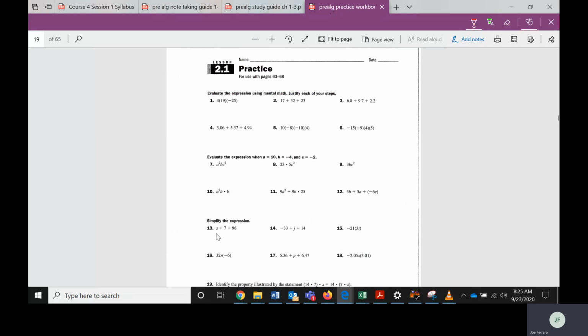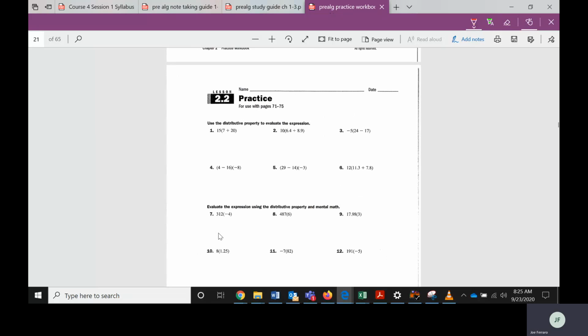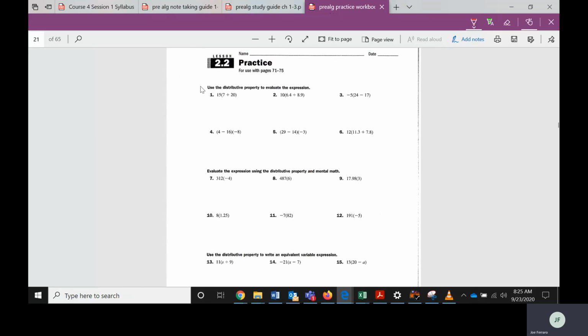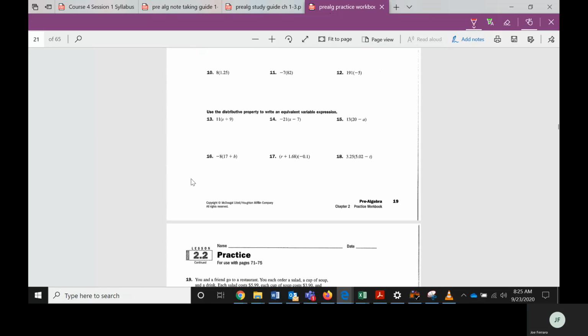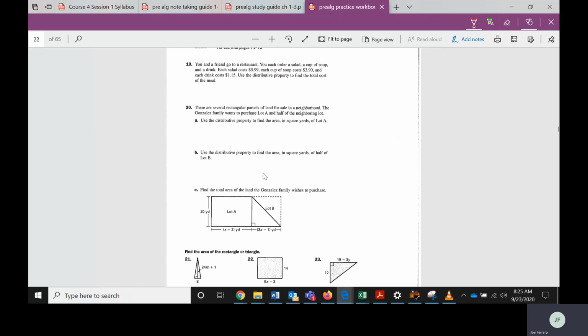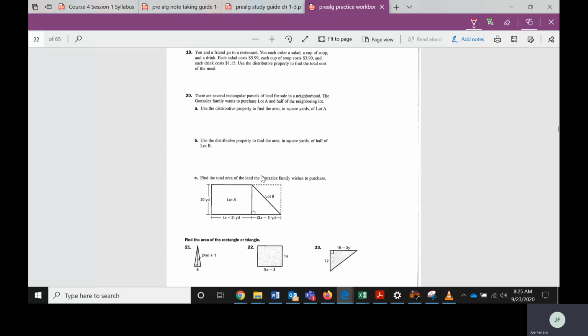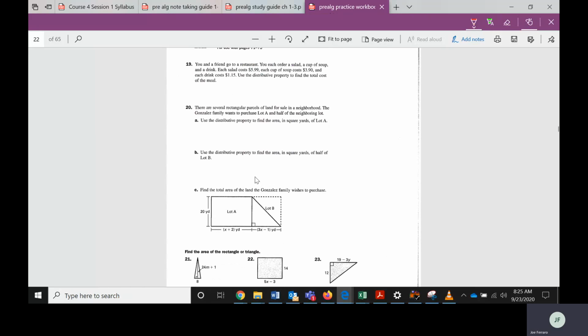Again, if you want extra credit or just more practice, again, I wouldn't worry too much about this. I wouldn't worry too much about that. These would be pretty important. And then any of these word problems. Okay, 20 might be a little tough, but it's a good problem.